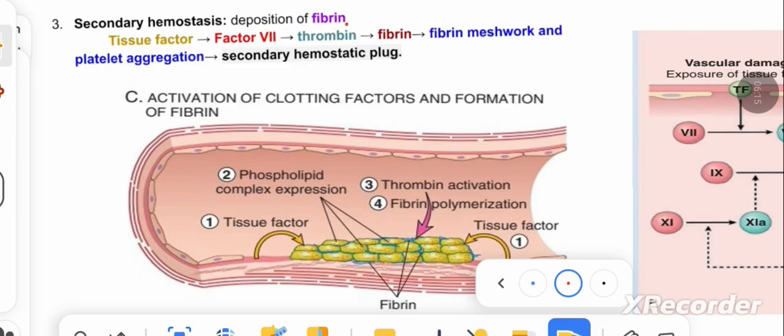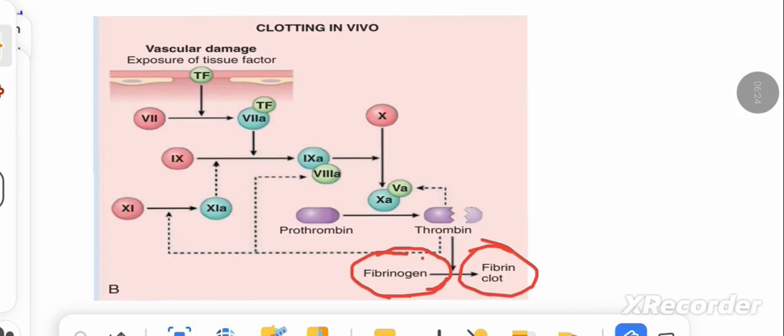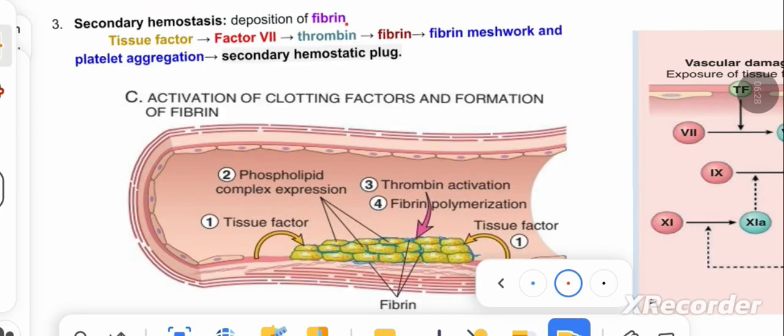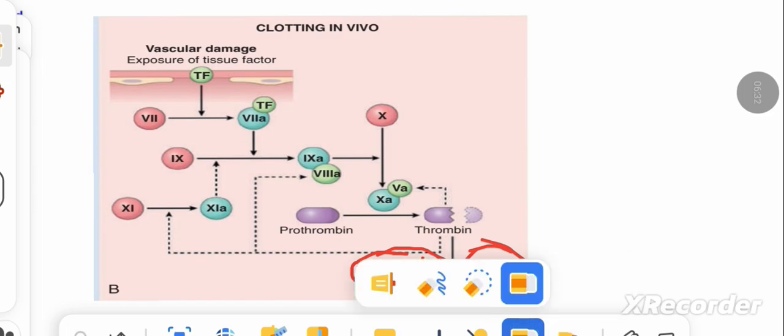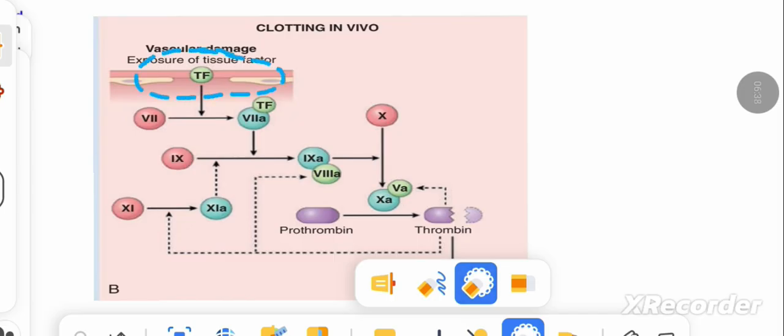So let me just show you how this factor 7 leads to formation of thrombin. Then, so tissue factor is exposed in the first place, remember. So once this tissue factor is exposed, that tissue factor is mostly found in the subendothelium.